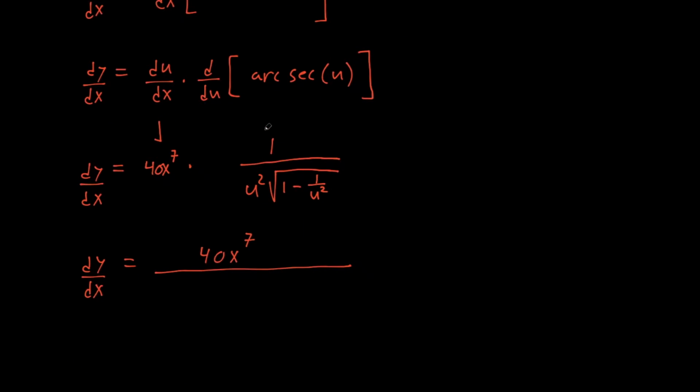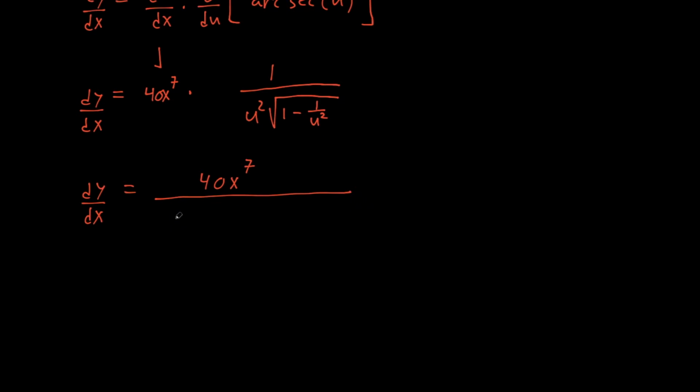So let's insert 5x to the 8th where we see the u's. So 5x to the 8th times the square root of 1 minus 1 over 5x to the 8th, squared.